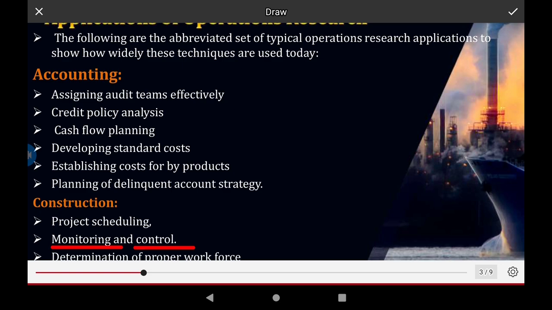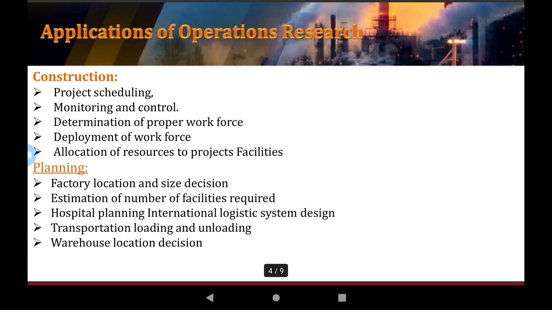Workforce is a very important factor of industries, and the industry performs continuous operations and completes the product. The determination of the workforce is continuously performed in operations. The application of operation research is presented in detail in this video.